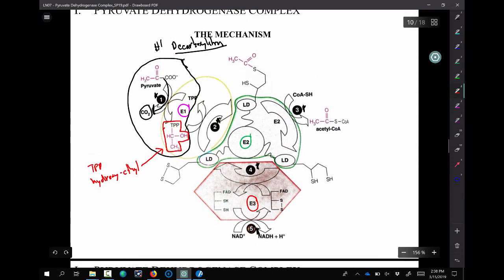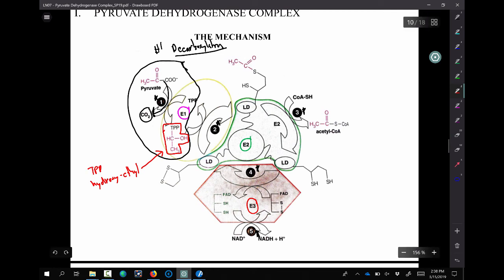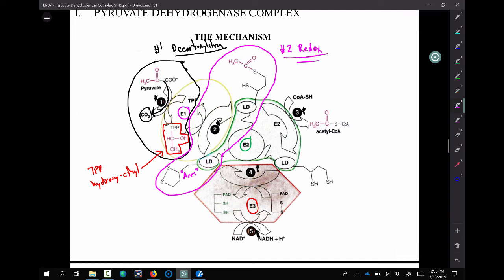Now, the next step, coming back to this, step number 2, this guy right here, I'm going to circle this, come all the way up here, like this. That step, number 2, is a redox reaction. And you'll notice here, I'm going to put here arm, because the arm is what's going to be important.